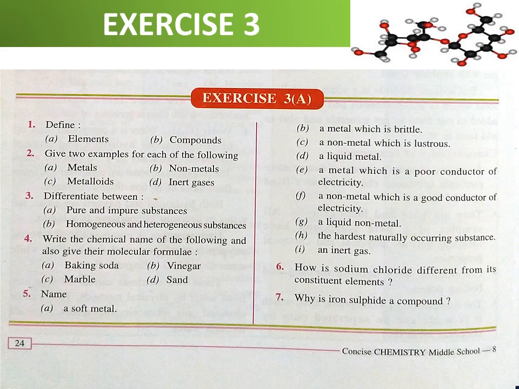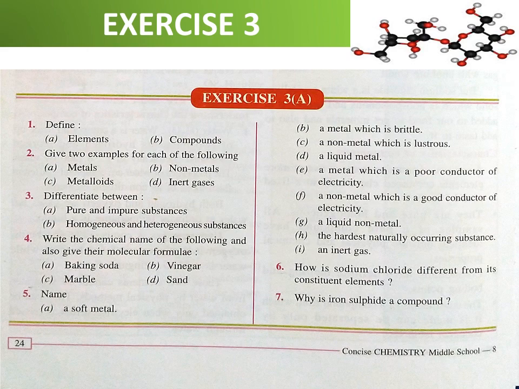Chlorine, it's a gas, and it is having a greenish yellow color, and it is poisonous in nature if inhaled. Now, sodium chloride, it is a white crystalline solid which does not catch fire when it comes in contact with water, and it is not at all poisonous in nature, and hence sodium chloride is different from its constituent elements.